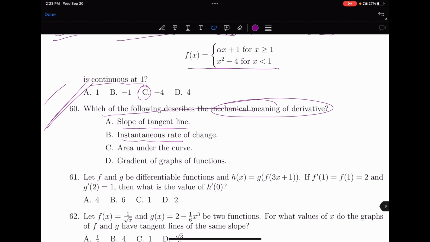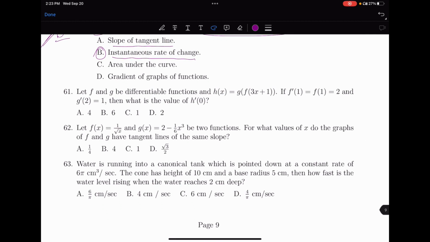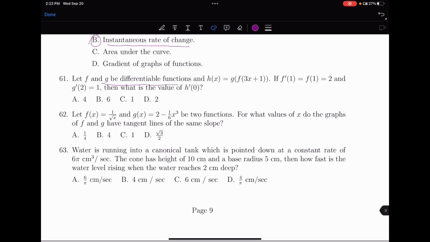So B, the instantaneous rate of change. The instantaneous rate of change of displacement would be velocity, and the instantaneous rate of change of velocity would give us acceleration. B, I think.